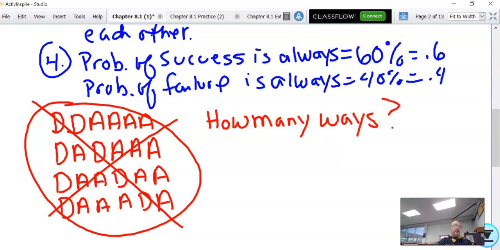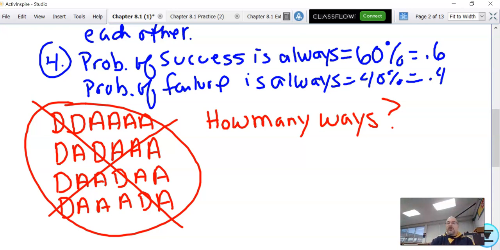How many ways is this going to occur? Well, if you remember, we have things called permutations and combinations. A permutation is where order matters. A combination is where order does not matter.